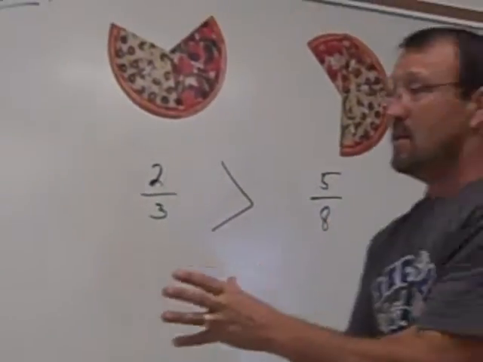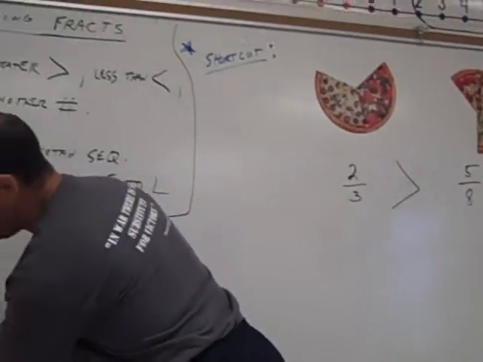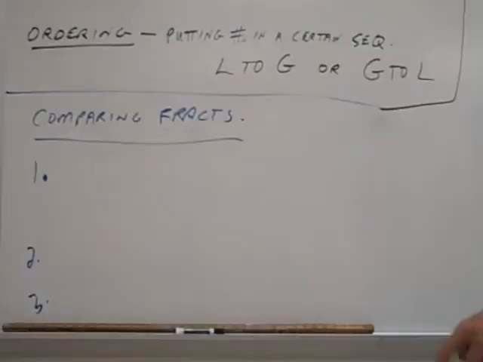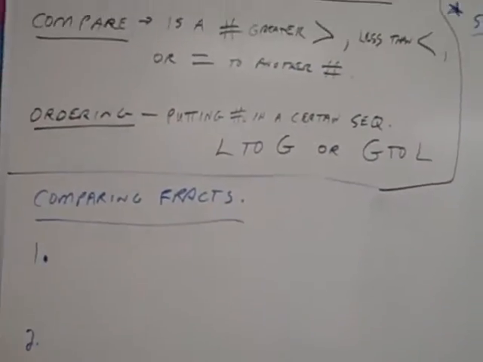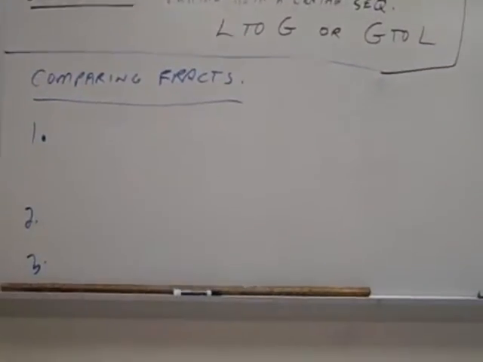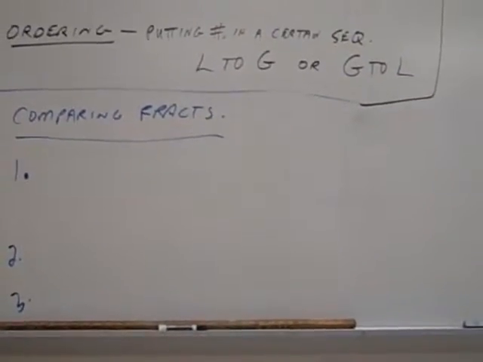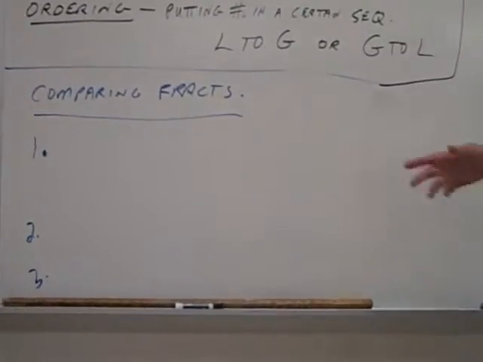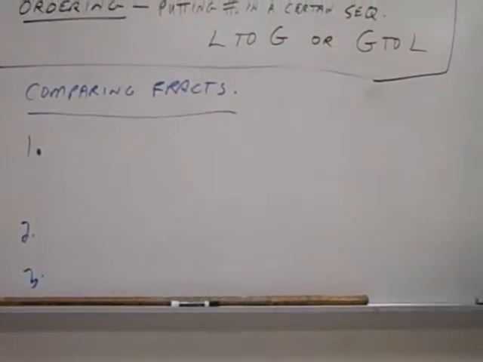There's a mathematical way and then a shortcut. I'm going to show you the mathematical way and the shortcut. If you like the shortcut, let's use the shortcut. But you need to understand how to do the other also.